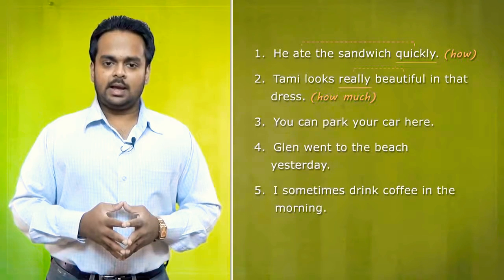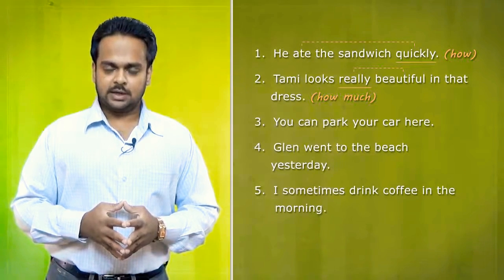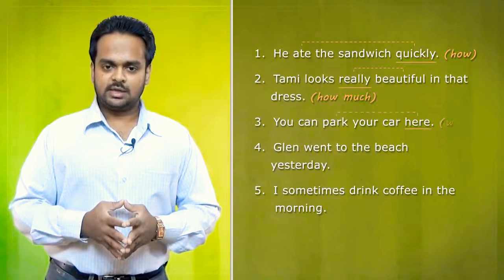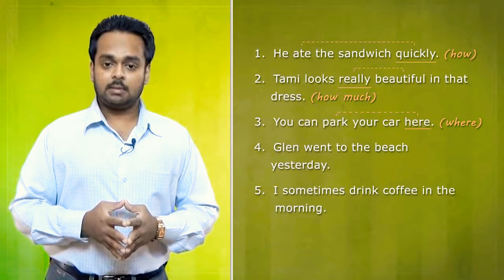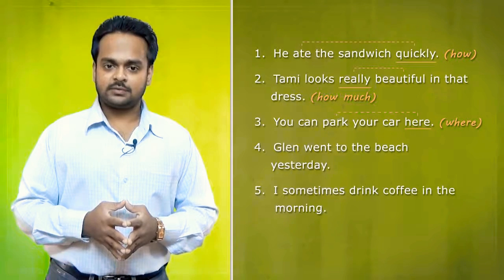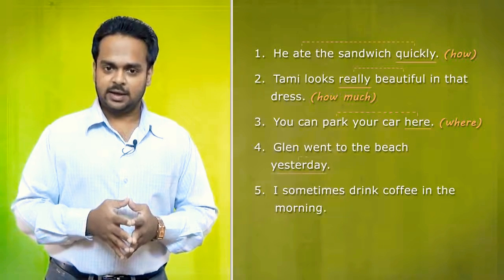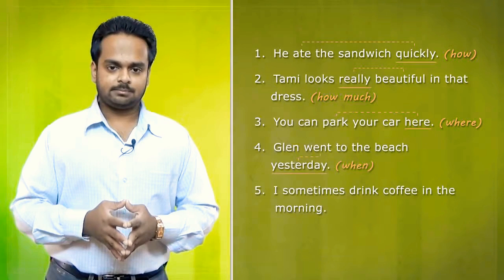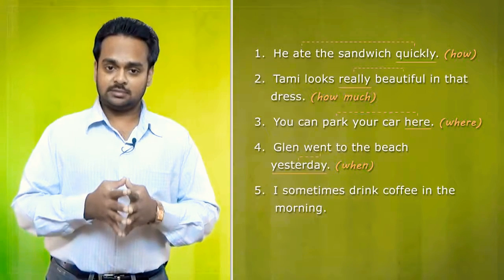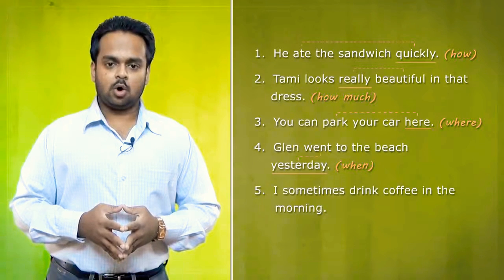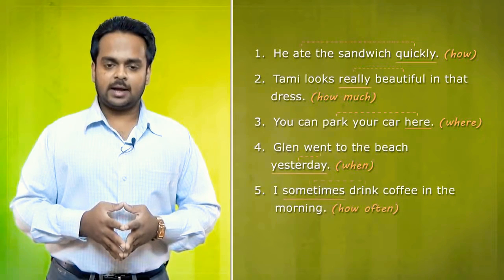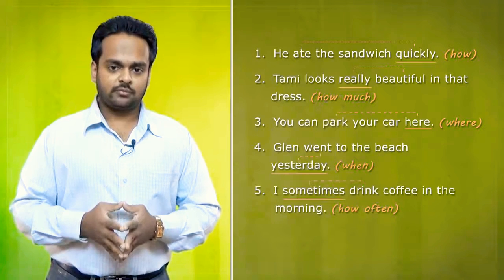In number 3, we have an adverb of place. It's the word here, which gives us the answer to the question where. In number 4, we have an adverb of time. It's yesterday, and it tells us when. And in number 5, can you identify the adverb? The adverb is the word sometimes, which answers the question how often.